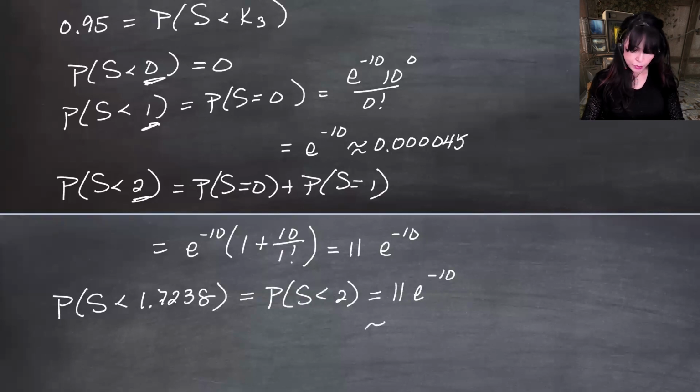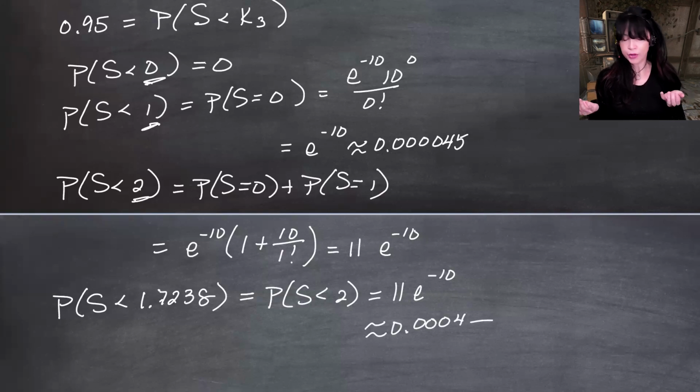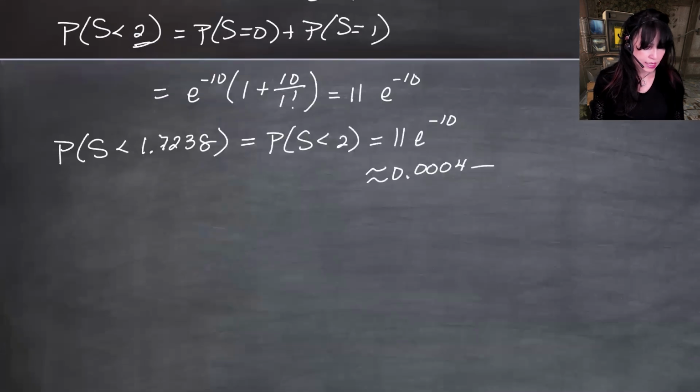Either way, this thing is approximately 0.0004 or something. So we've moved up, but we're still not at 0.95. So then I did this on a computer. I calculated these things recursively on a computer. I kept adding probabilities, and here is what I got.